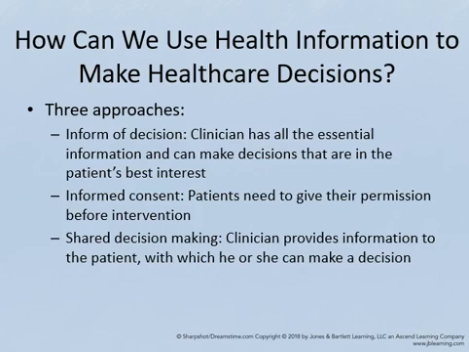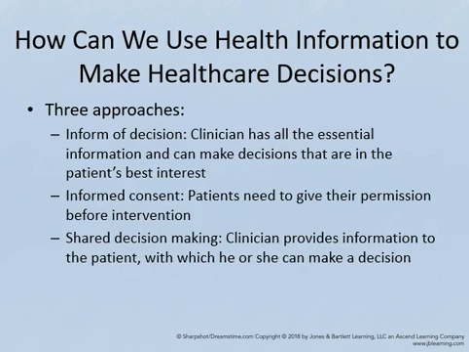This is very old school Western medicine, where I go in, tell the physician what's wrong with me, they make a diagnosis, and they come in and they tell me what I'm supposed to do. They make these decisions hopefully with my best interest in mind, but the clinician has all the essential information, and I feel that he or she should just make that decision for me.